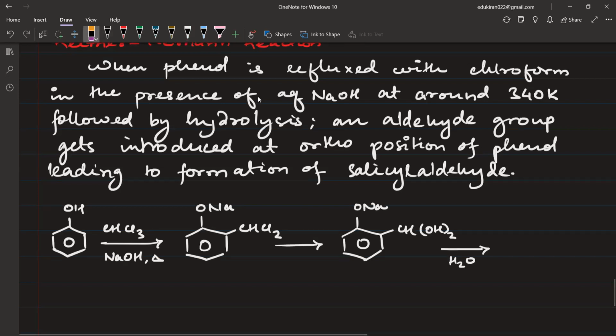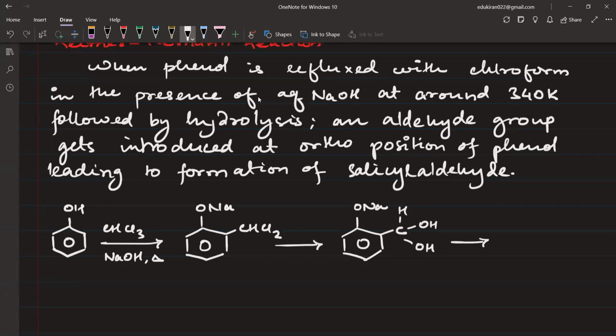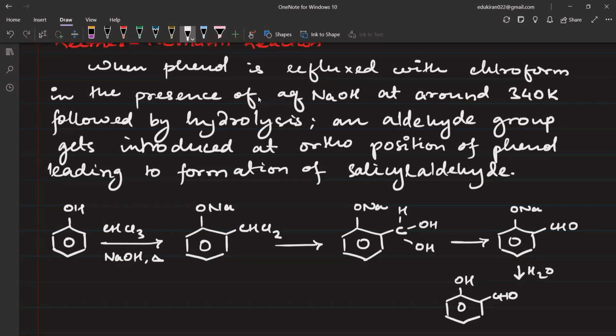Here, this is the carbon atom with one hydrogen, one OH and another OH. You should remember something from the alcohol chapter: this is a gem diol, and it will automatically get converted into an aldehyde. This is still ONa, and we have CHO here, and then on further hydrolysis, with addition of water, ONa will get converted into OH, and this CHO will be as it is.